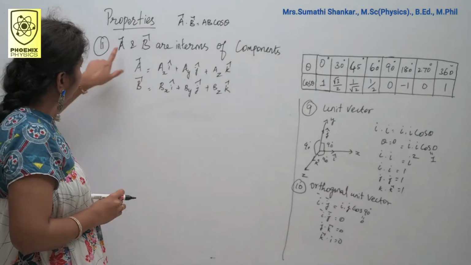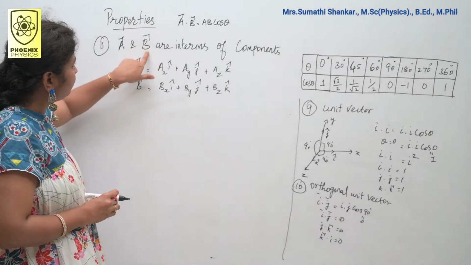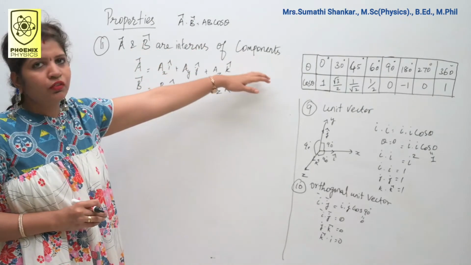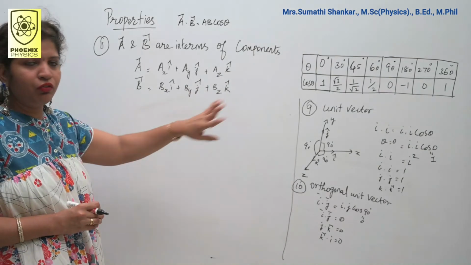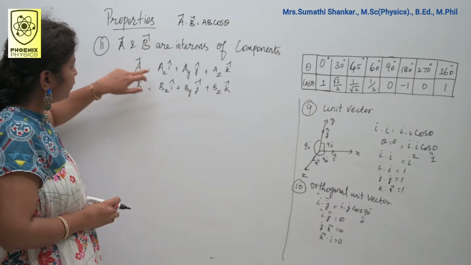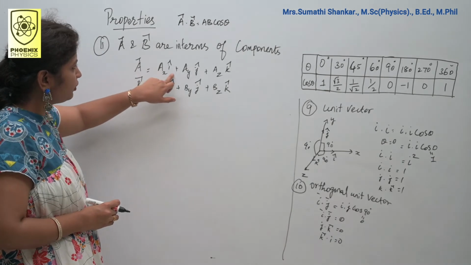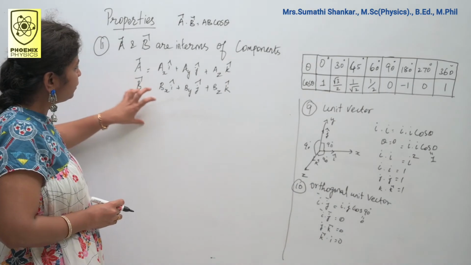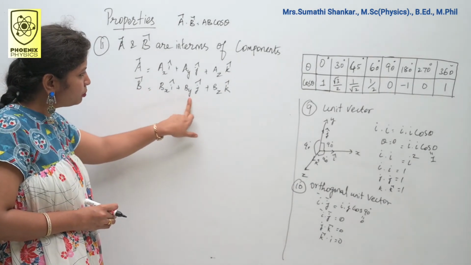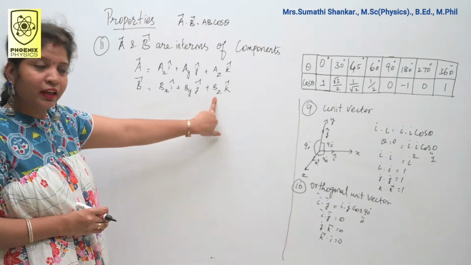Last property: vector A and vector B in terms of components. Earlier I said component means nothing but ijk format. That is, A can be written as Ax i vector plus Ay j vector plus Az k vector. B can be written as Bx i vector plus By j vector plus Bz k vector.